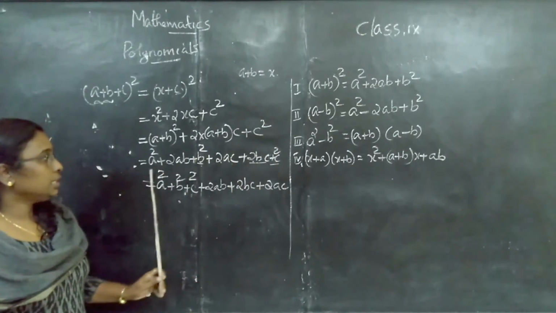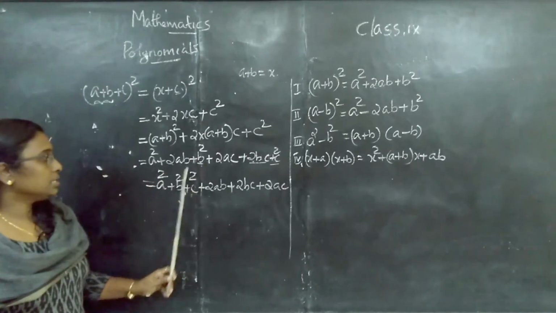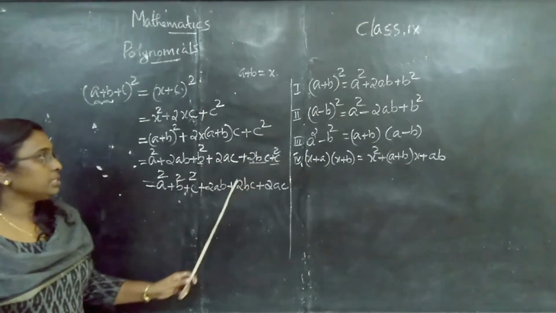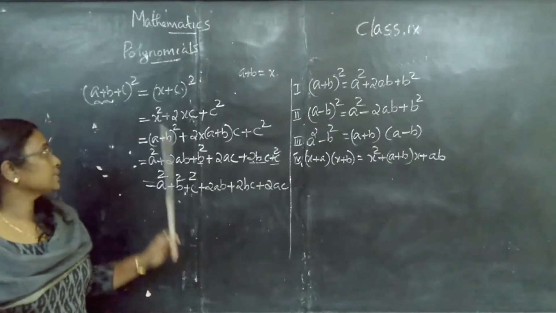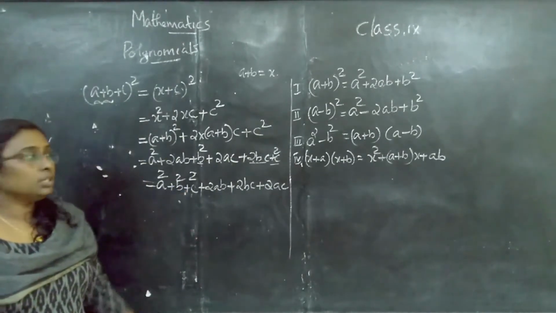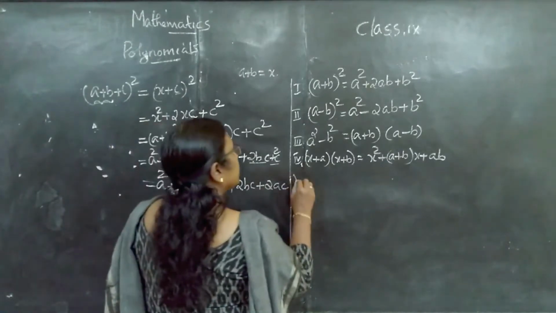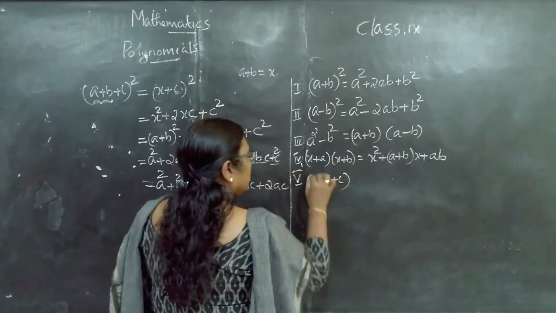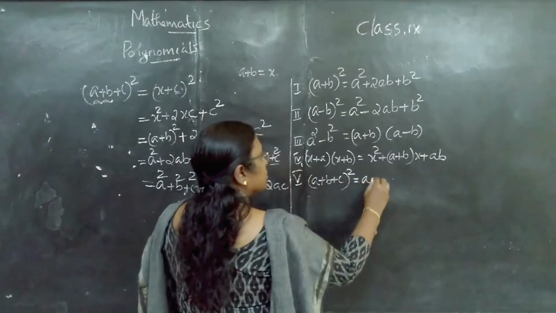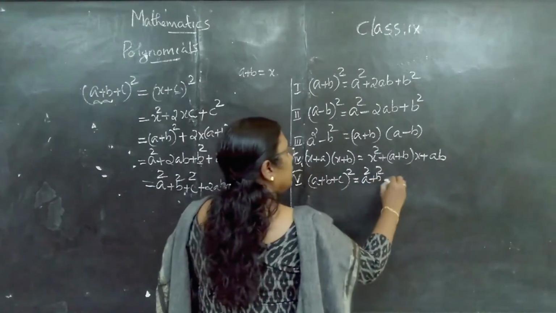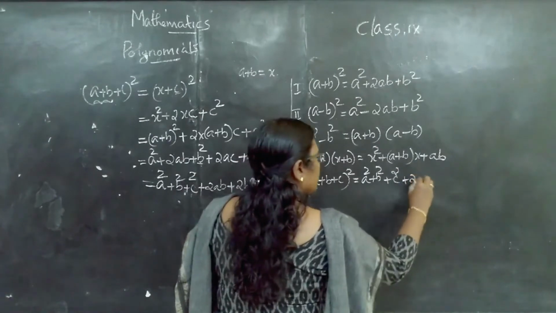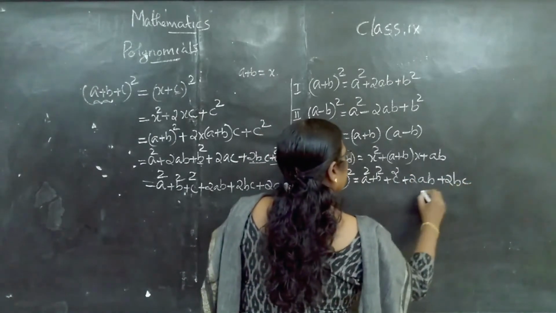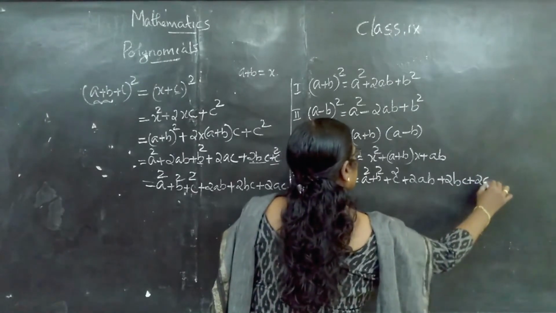Rearranging these terms: a square plus b square plus c square plus 2ab plus 2bc plus 2ac. This is the expansion of (a plus b plus c) the whole square. So the next identity is (a plus b plus c) the whole square equal to a square plus b square plus c square plus 2ab plus 2bc plus 2ac.